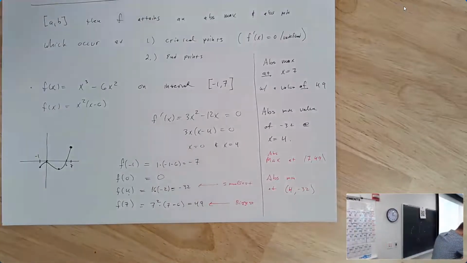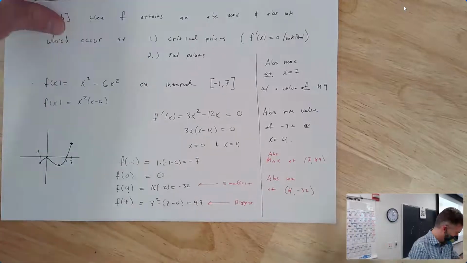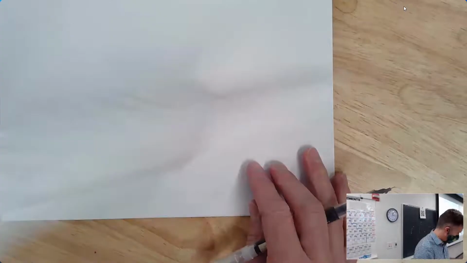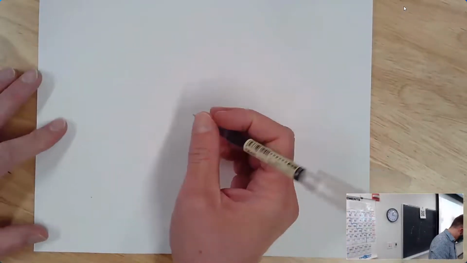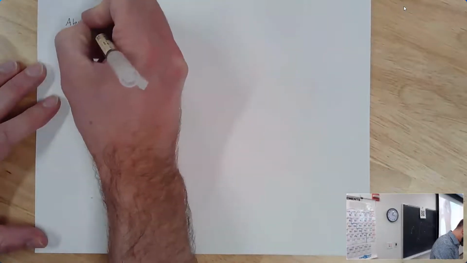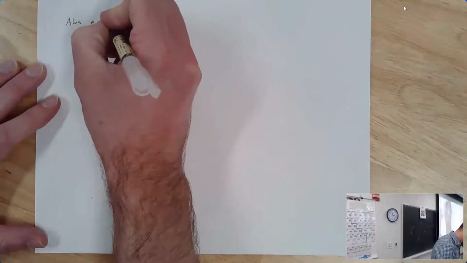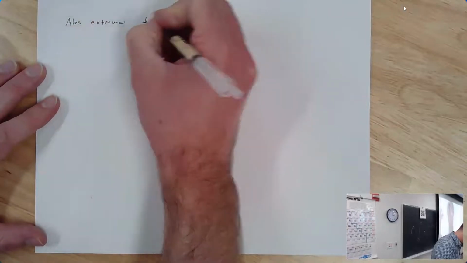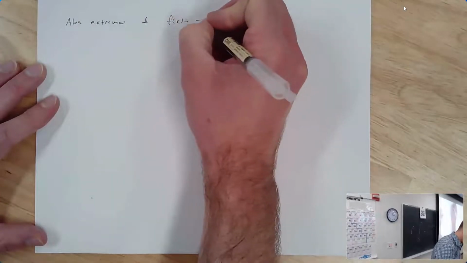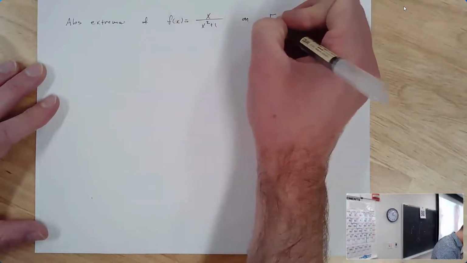Okay. Let's look at a couple more examples. So, let's look at this one. Let's find, again, same question, absolute extrema of f of x equal to x over x squared plus 1 on the interval from 0 to 2.